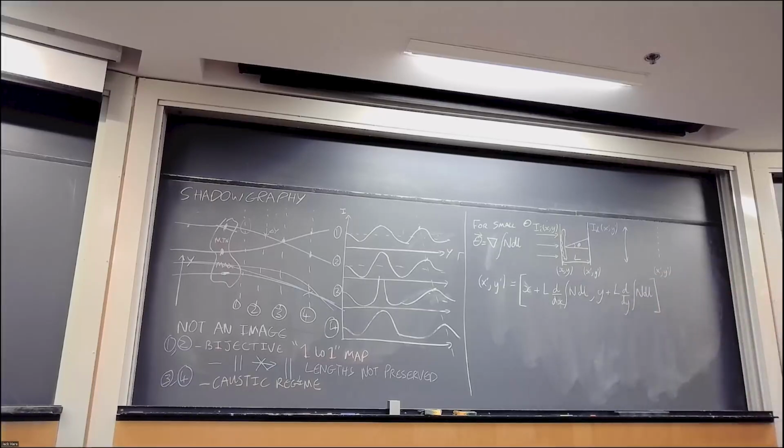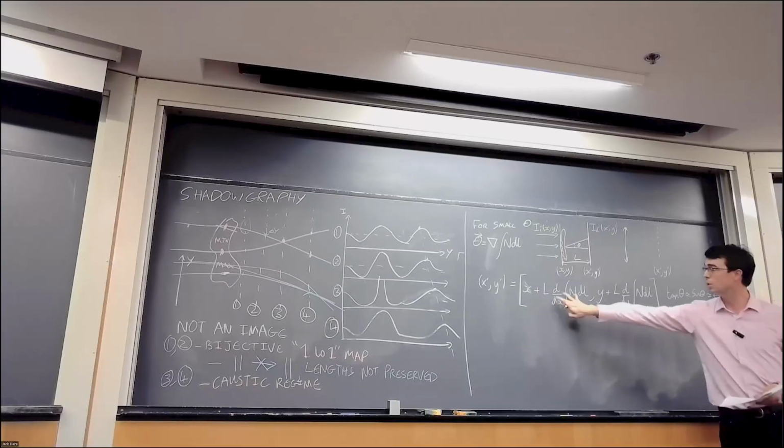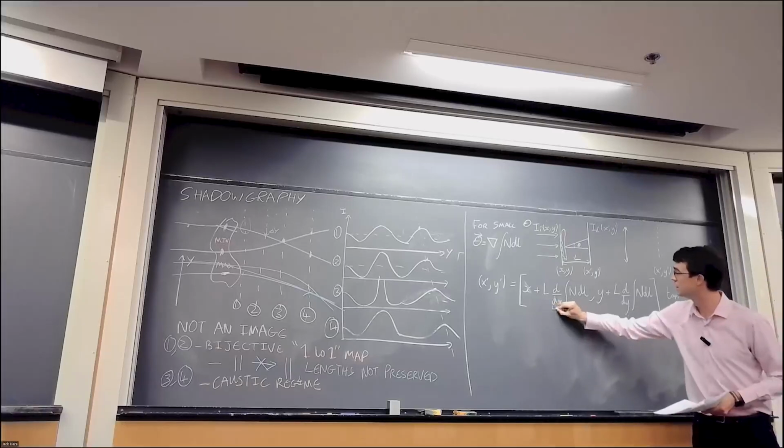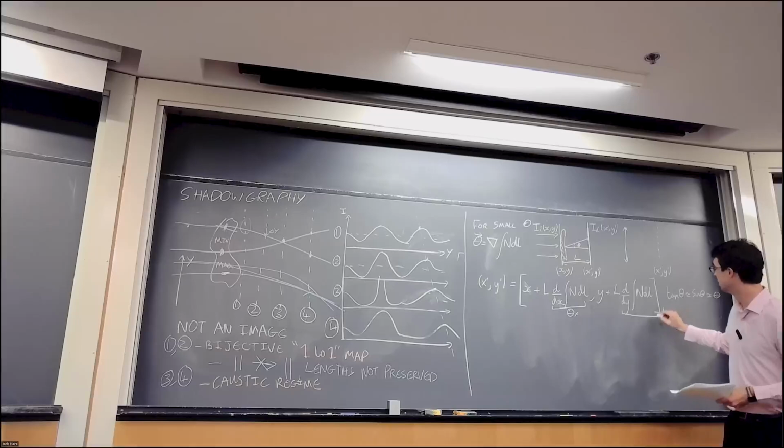So again, I said we're using a small angle approximation. So we've taken the approximation that tan theta is approximately sine theta is approximately theta. So this is just a simple linear relationship here, where this is L times the angle in x, and this is L times the angle in y, theta y.